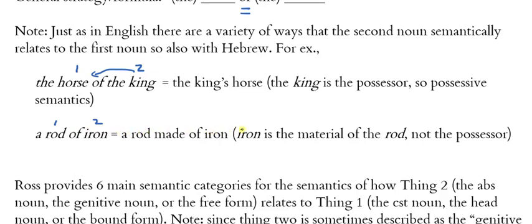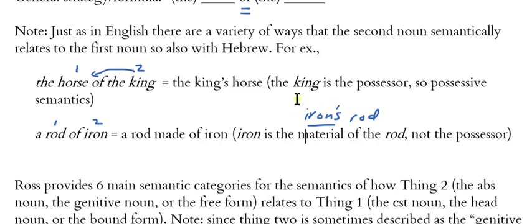So thing 2 is the material out of which thing 1, the rod, is made. And so this is not a possessor relationship. I could not translate this as iron's rod, okay? Because iron is not the possessor of the rod. So this is not possessive semantics. It's a different kind of semantics that has to do with material.